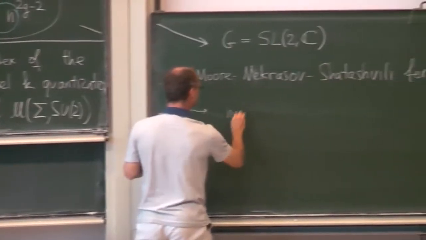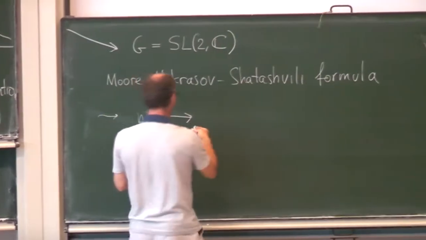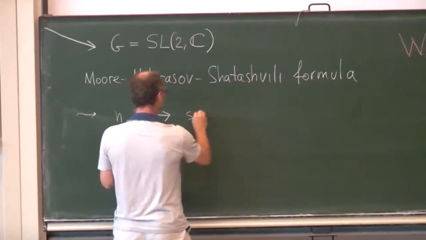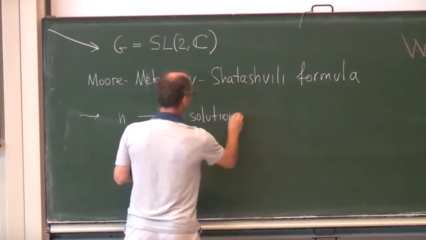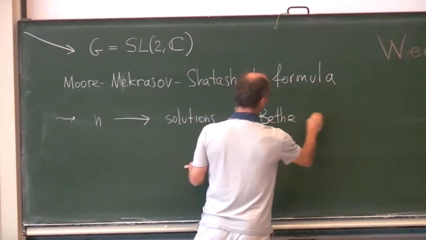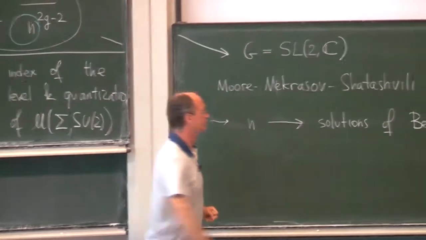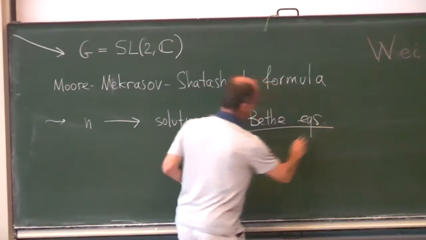So the interesting part is, see here there are integers n. Those integers are replaced in the Moore-Nekrasov-Shatashvili formula by the solutions of transcendental Bethe equations. Those of you who have heard of integrable systems might have heard of Bethe equations.